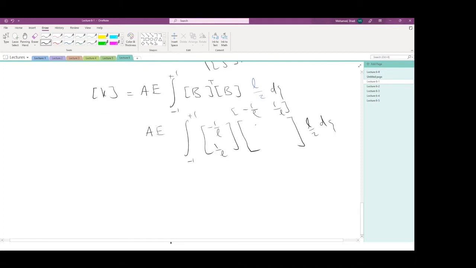If you look into the entries of this matrix, this is going to be 1 over L squared, 1 over L squared, minus 1 over L squared, minus 1 over L squared, and 1 over L squared.